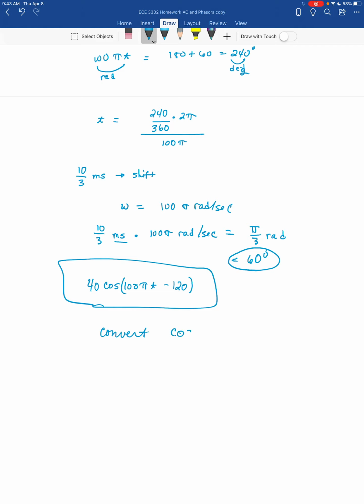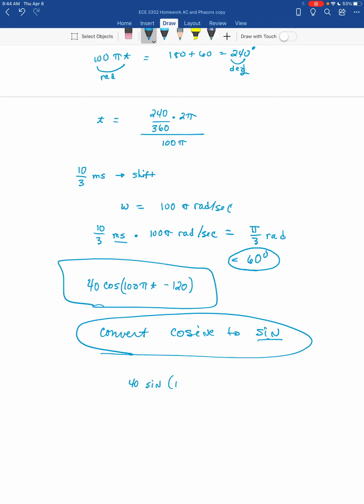The first thing you would do is convert the original cosine function to sine. I'll let you look up the relationship between cosine theta and sine of theta plus or minus what. So you need to first convert to sine, and then you'll have a phase angle.